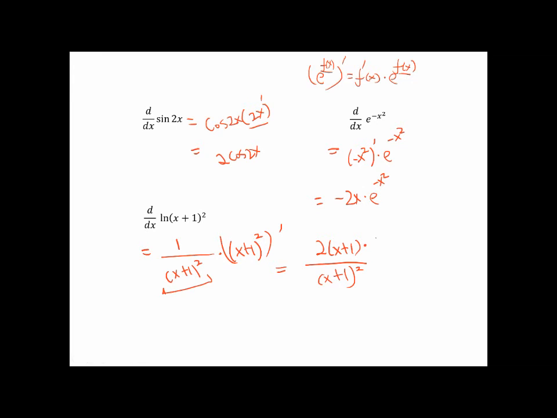And I also want to take the derivative of x plus 1, because of the chain rule. That is simply 1, so I can rewrite it as multiplied by 1. So these can be cancelled out, which gives 2 divided by x plus 1.